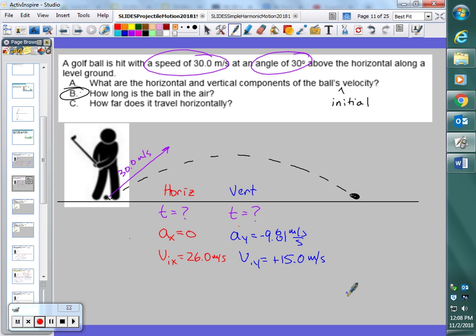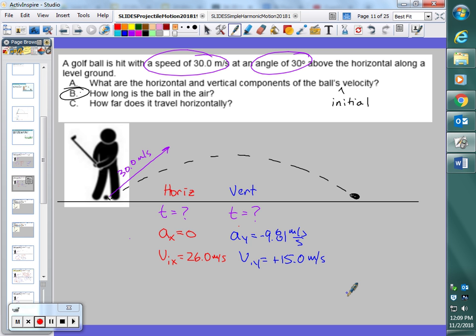That's where these problems become different than the problems we've done previously. We now have an initial horizontal velocity and an initial vertical velocity. Good with that? Okay.